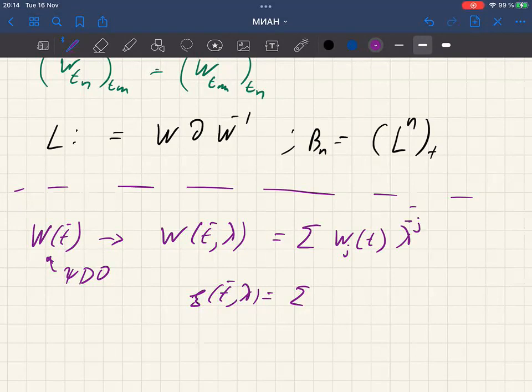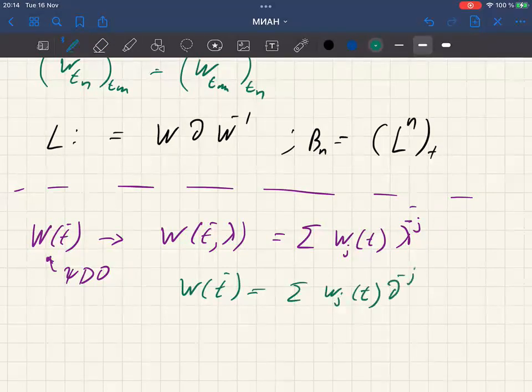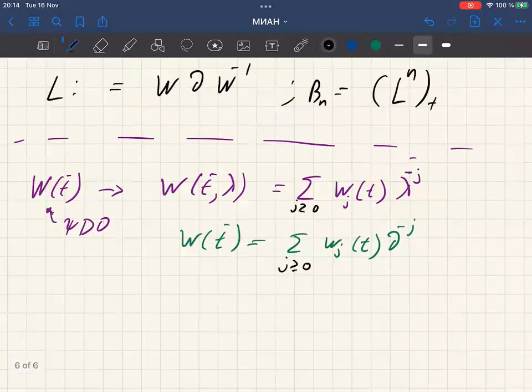So recall that V of t as an operator was g, and here we replace the partial derivative with lambda. We could define W0 as 1.